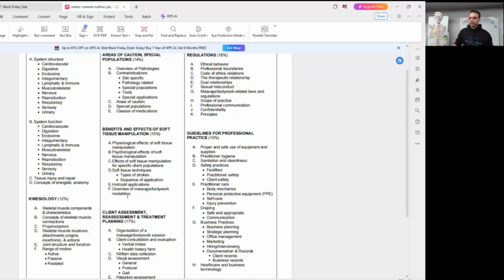We have the eccentric phase, where the muscle is elongating or stretching back out. And then we have technically the amortization phase, which is the brief pause as those two phases change. Again, in sports science, we call the concentric phase the acceleration phase, and the deceleration phase for the eccentric contraction as well.